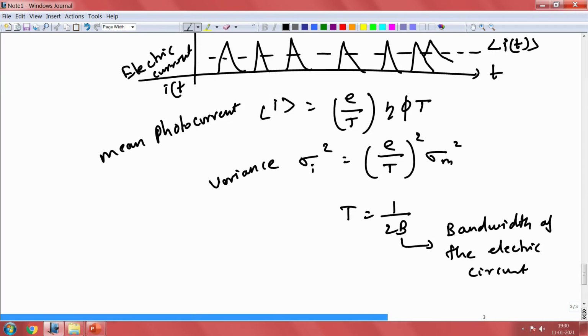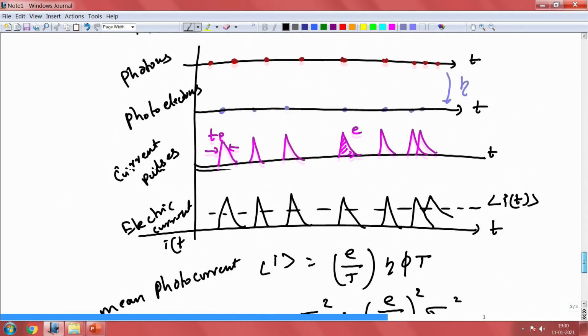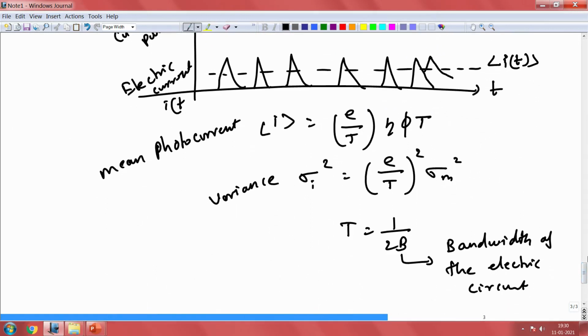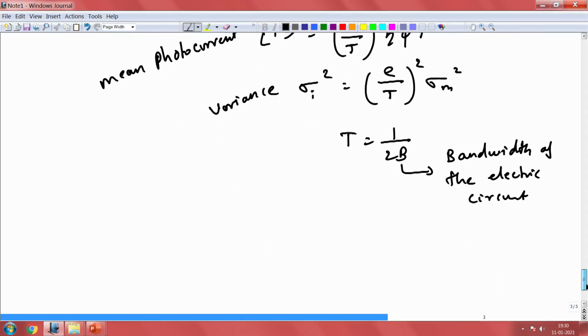The next thing is about dark current. Again, the dark current depends on the variance that we just saw, and the bandwidth here as well. So, when there is no optical power, you will generate some current, that is called the dark current, right.